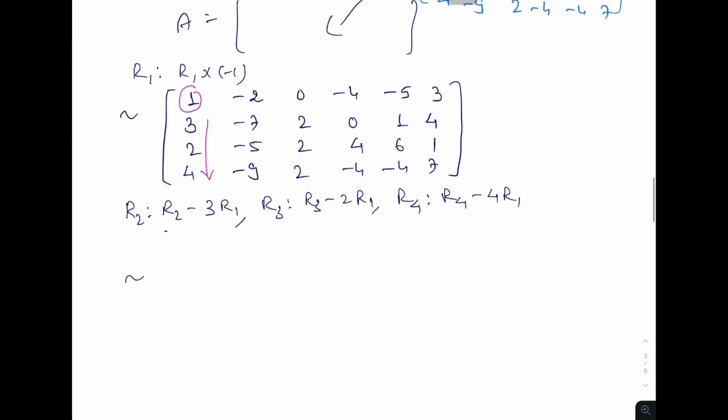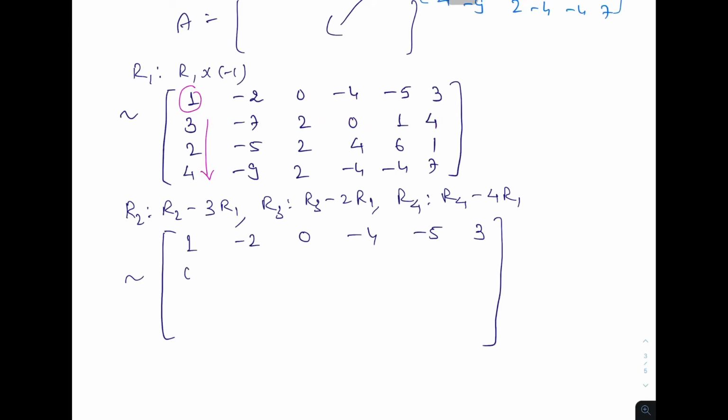Okay, so this is 1, minus 2, 0, minus 4, minus 5, 3. Now multiply by minus 3 here and add in the second row.